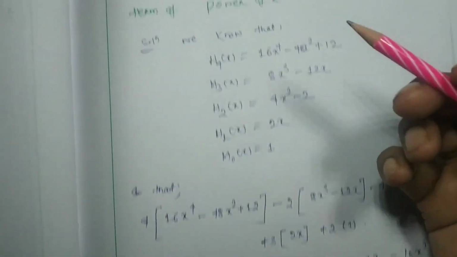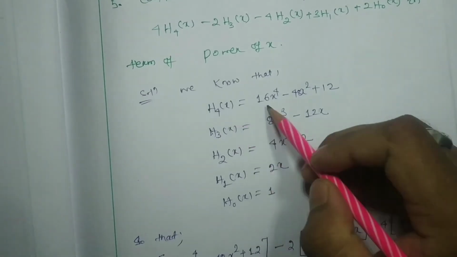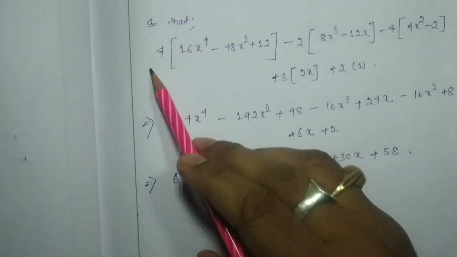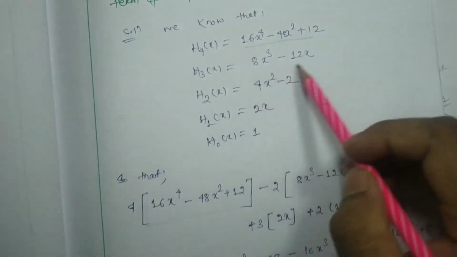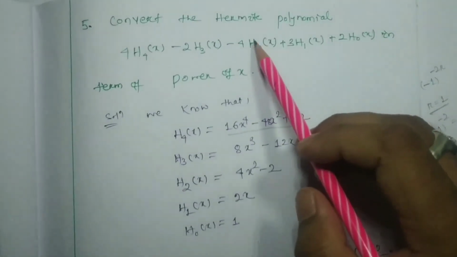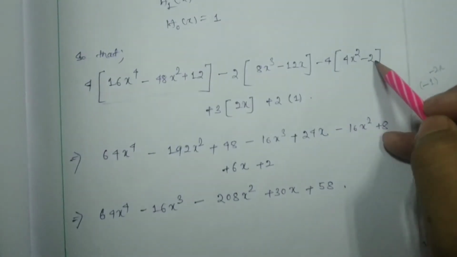So we just put the values here. H4(x) is this much, now we put it over here: 4 into this much. Then minus 2 into H3(x), that is minus 2 into 8x cube minus 12x. Then minus 4 into H2(x), that is minus 4 into 4x square minus 2.